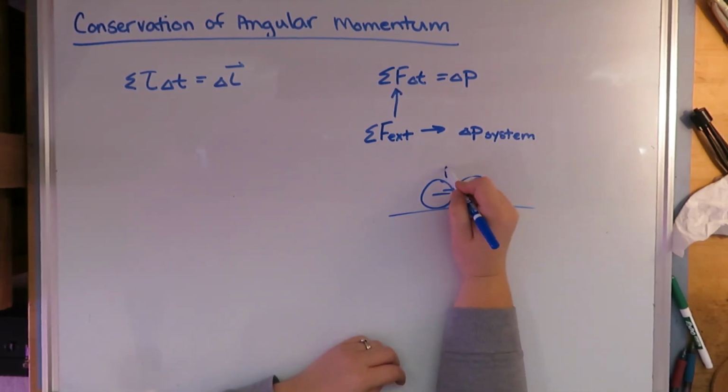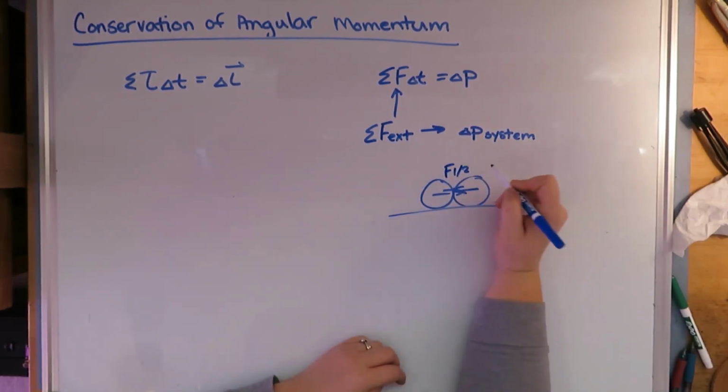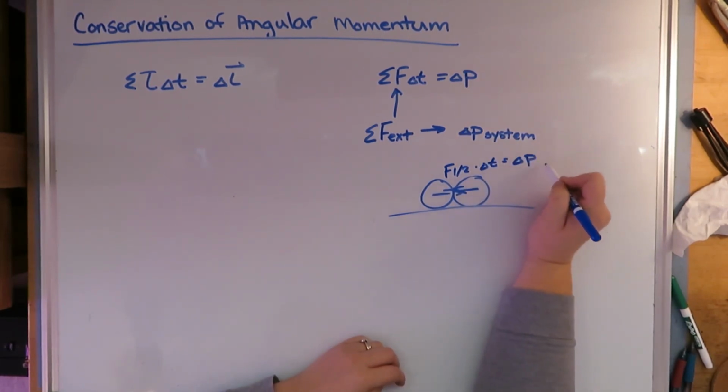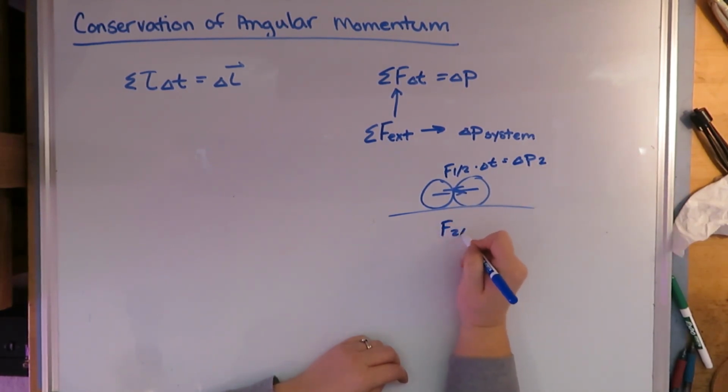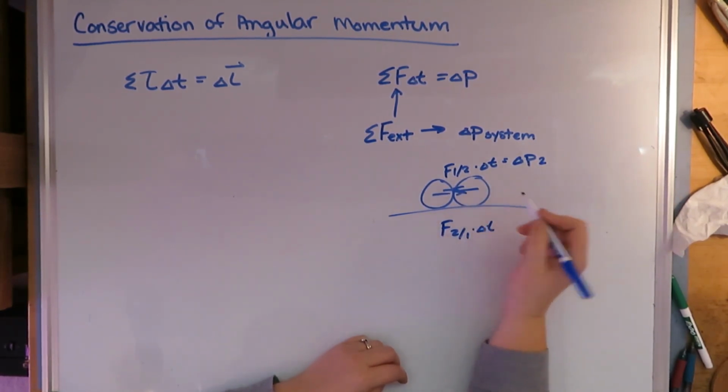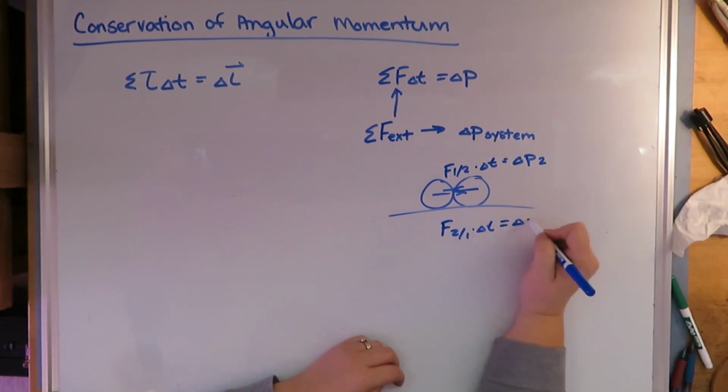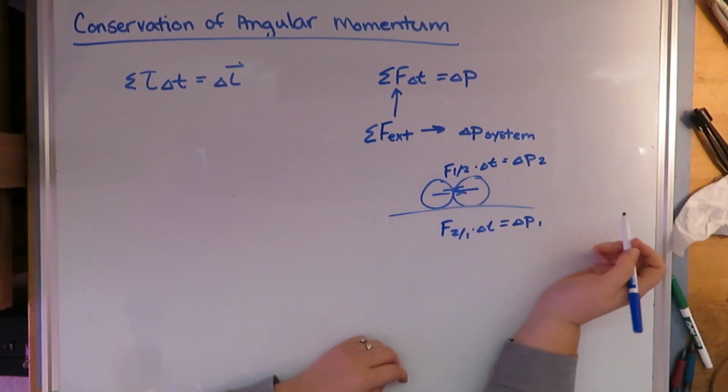But the force of 1 on 2 times the time would cause a change in momentum for object 2, and then the force of 2 on 1 times the change in time would equal the change in momentum for object 1.